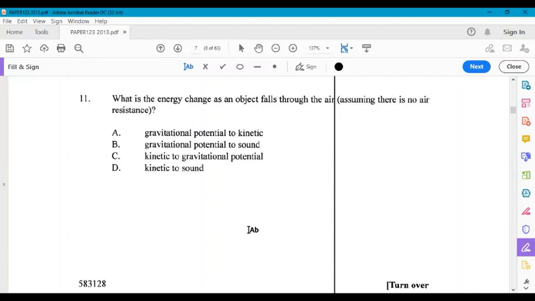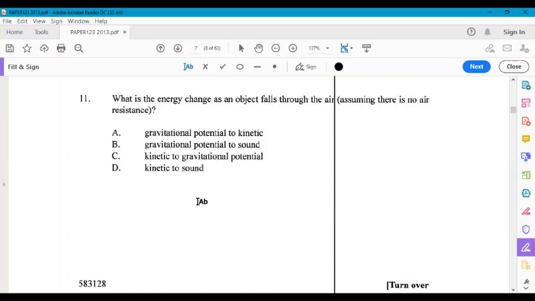Shape would give us elastic potential energy if an object is stretched or compressed, or if an object is some height off the ground, then it will have gravitational potential energy because it has the potential to move or to do work due to the force of gravity acting on it. The other type of energy is kinetic energy. Once an object is in motion and it's moving, it has kinetic energy.